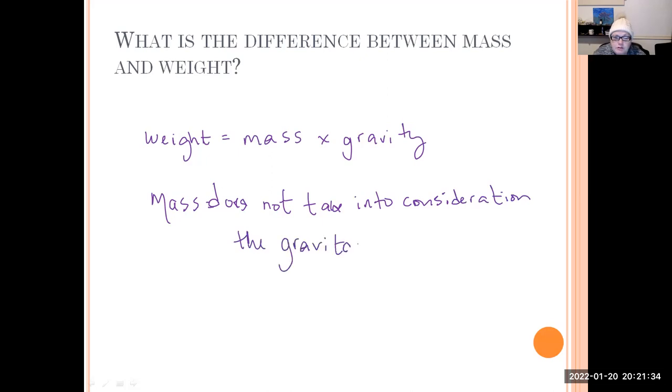So weight is made up of the mass times the gravity that's holding us here. Mass does not have that, and it's what it is.